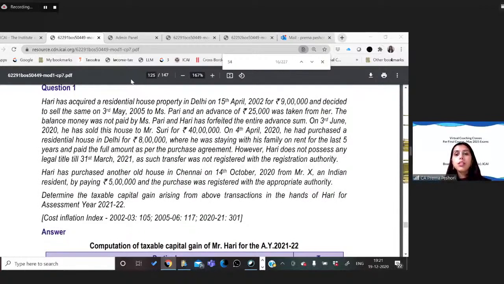Any doubt? No, Raman, the answer is not correct. Ambika, yes. Now you have done correctly. Shall we solve one more question? Let's solve one more ICAI question itself. Let me open up that question.